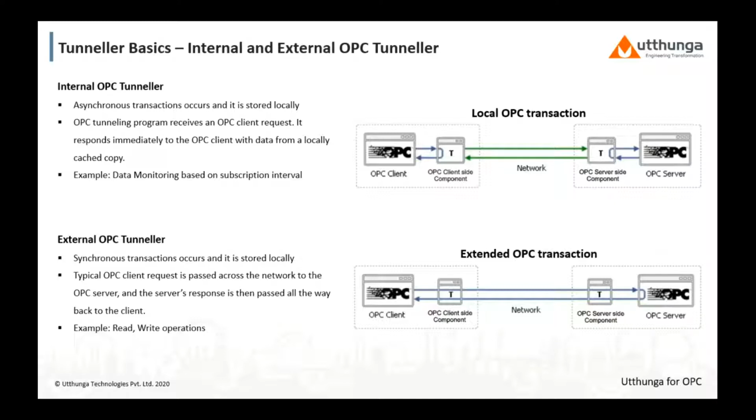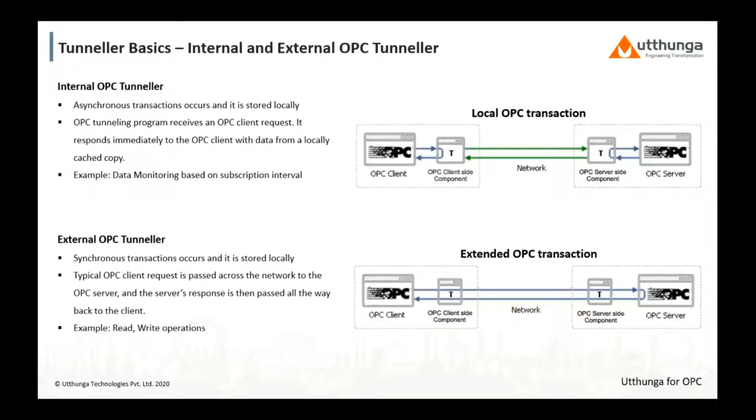Next we will see the external OPC Tunneller. Here all the transactions in the external OPC will happen in a synchronous manner. The typical OPC client request goes across the network to the OPC server, and the server will respond back to the client one after the other.